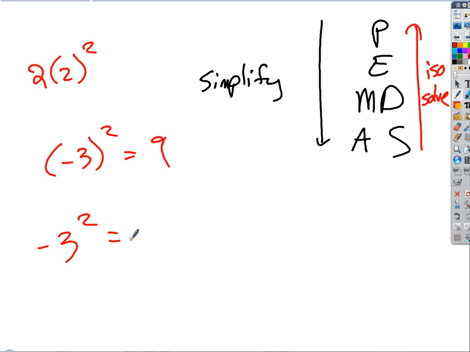And 3 squared is just 3 times 3. When you see a negative sign in front of something, all you're really doing is multiplying by -1. So before I can multiply by -1 to get my answer, I have to exponentiate that 3 squared. Make sense?